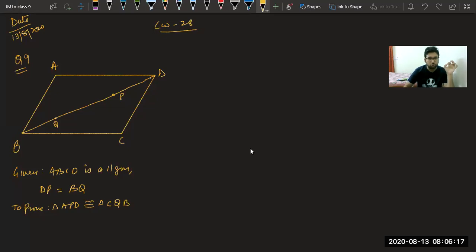So we have to prove APD, that is this triangle, and CQB, that is this triangle. Please tell me, can we prove this? Do we have 3 things to prove it? Kindly write. How will you prove this? So I'm writing the proof over here. Please tell me, class.